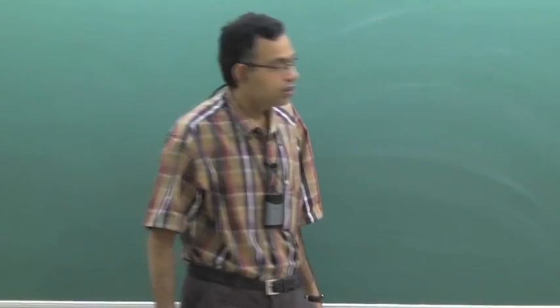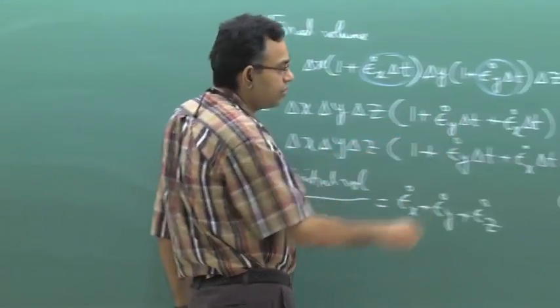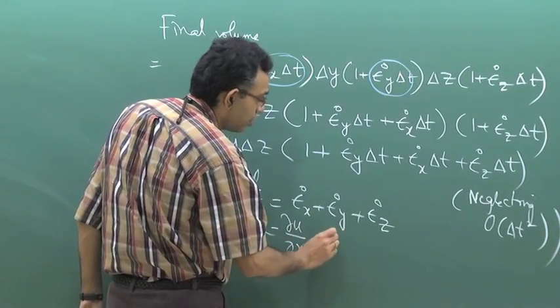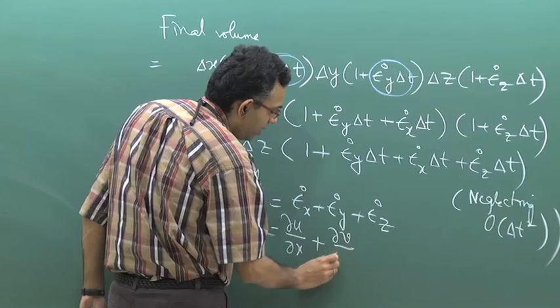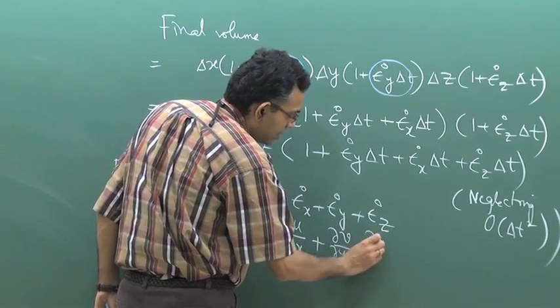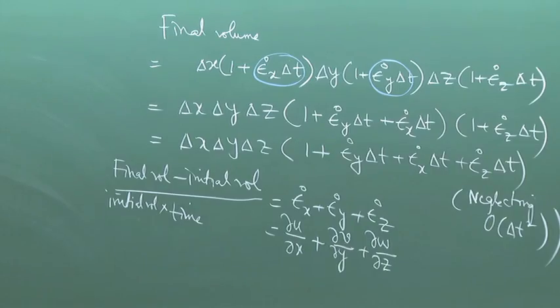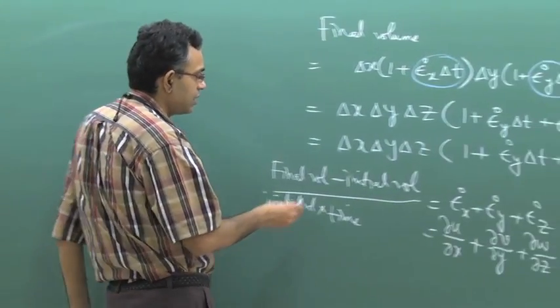Okay. So, we have shown that epsilon dot x is del u del x, similarly epsilon dot y is del v del y and epsilon dot z is del w del z. Okay. So, what does this indicate?